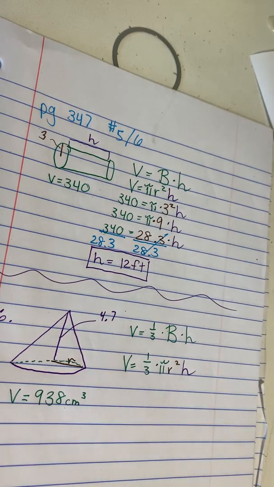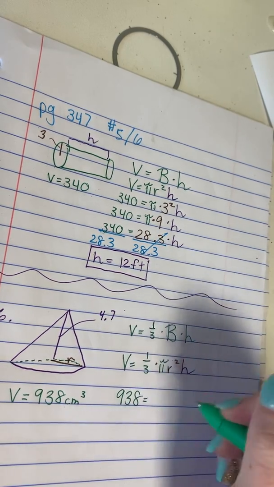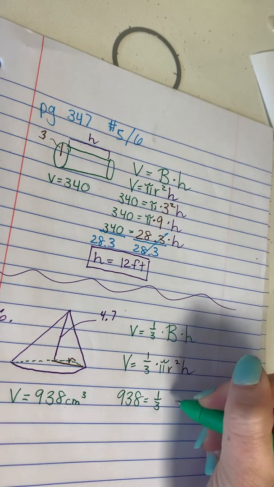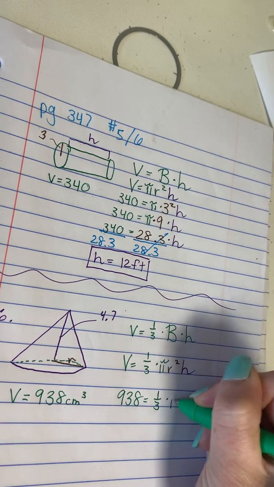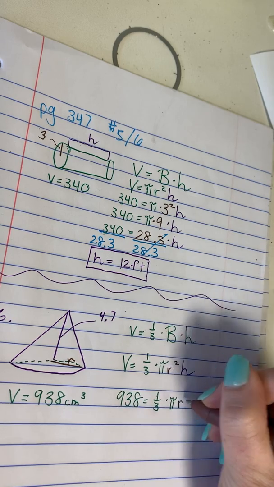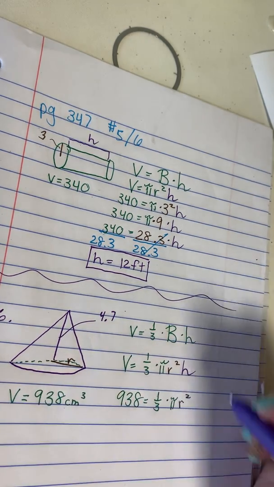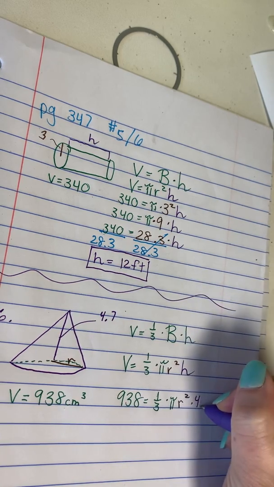So let's go ahead and put in what they gave us. 938 is equal to 1/3 times pi. And our radius, that's the unknown. So I know I'm going to have to square root. But they gave me the height, which is 4.7.